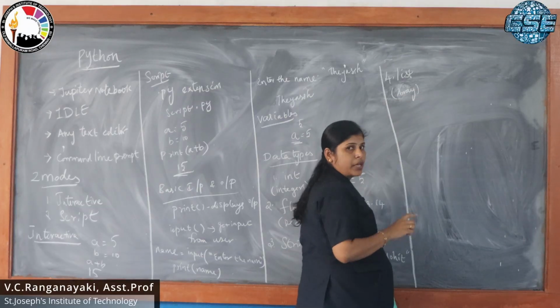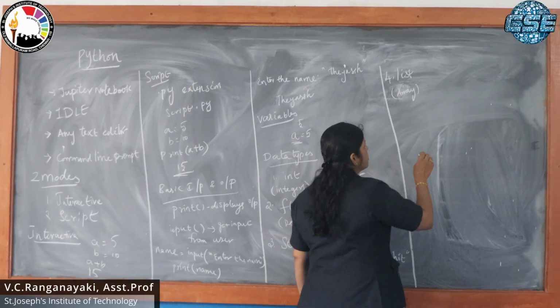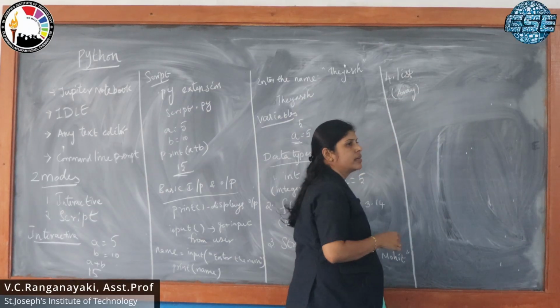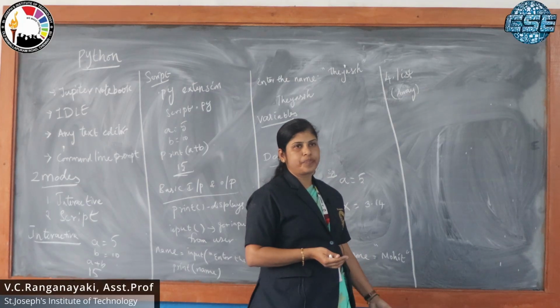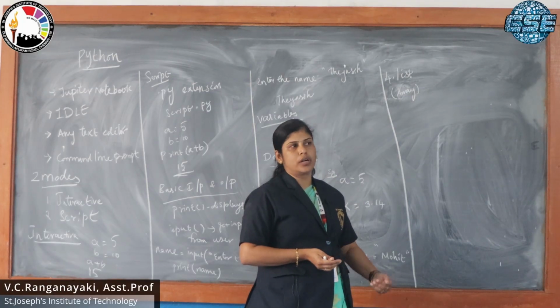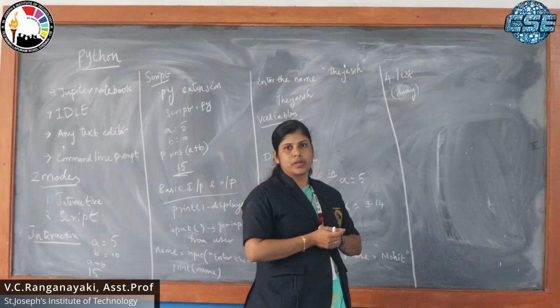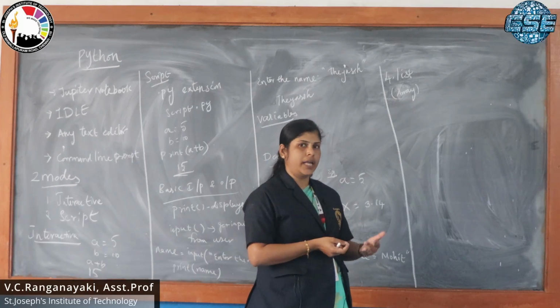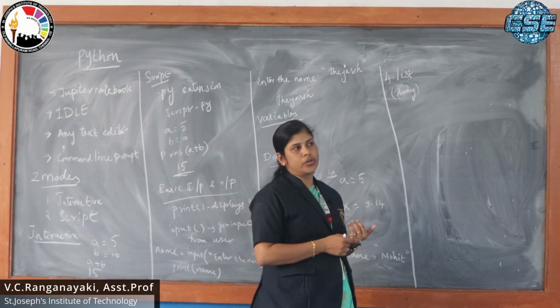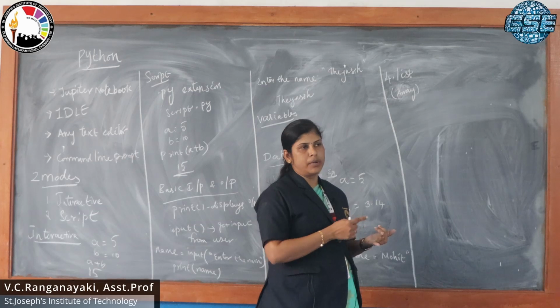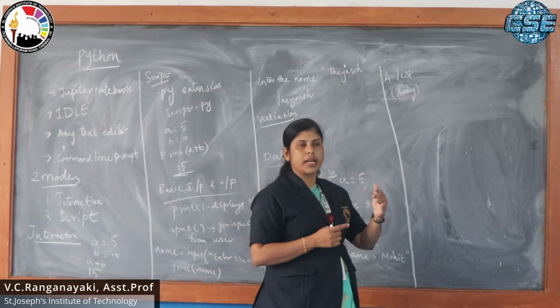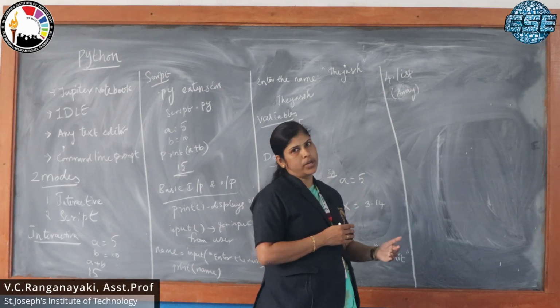List is defined by using square brackets. Before that, why do we create a list? Generally, I am going to a fruit shop. So what I will do, first I'll create a list. I want to buy these fruits, apple, banana, cherry. I will create a list first and then I will go and purchase, right?